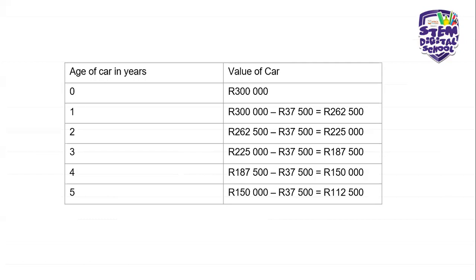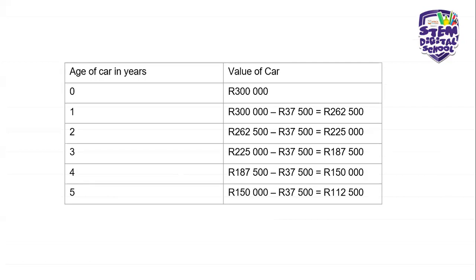So to find this value, you can either use a formula or you can calculate 12.5% of the total amount. That will give you the amount of money that will be lost every year from the car. So this is very simple.